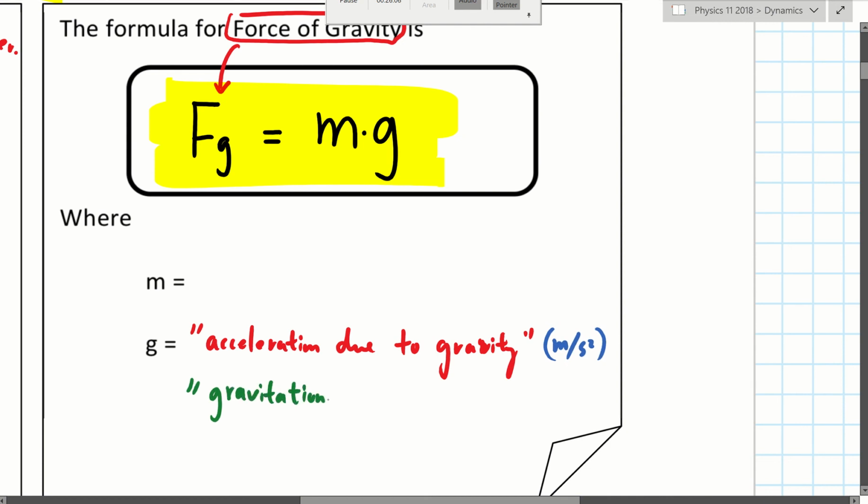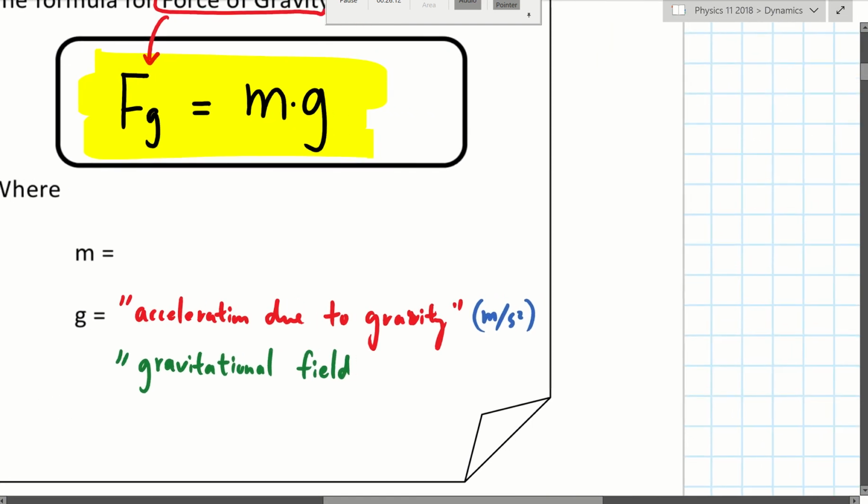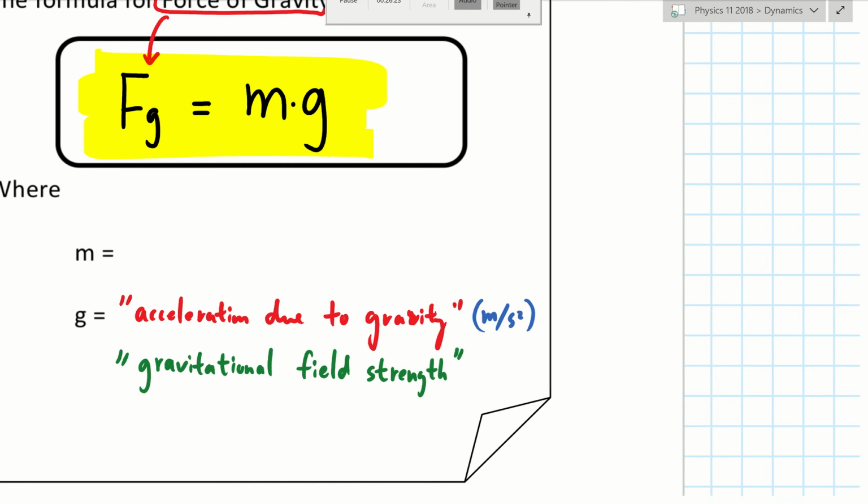So gravitational field, so gravity field. It's like a force field of gravity, the strength of that. Okay, so gravitational field strength. It's the same idea. So there are two units for this little g. Now, of course, we know that on Earth, that number is approximately 9.8.